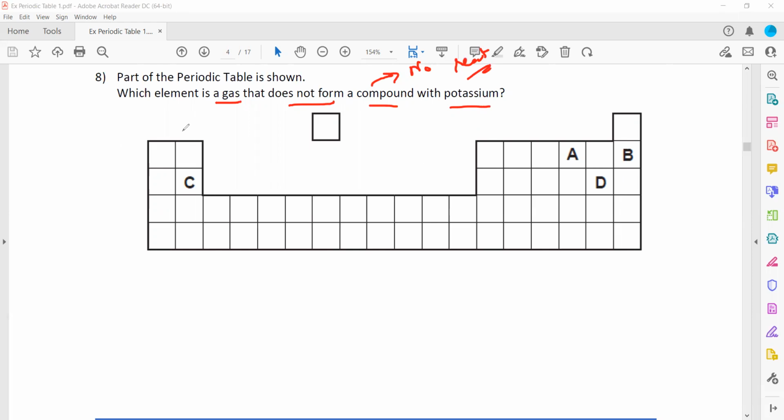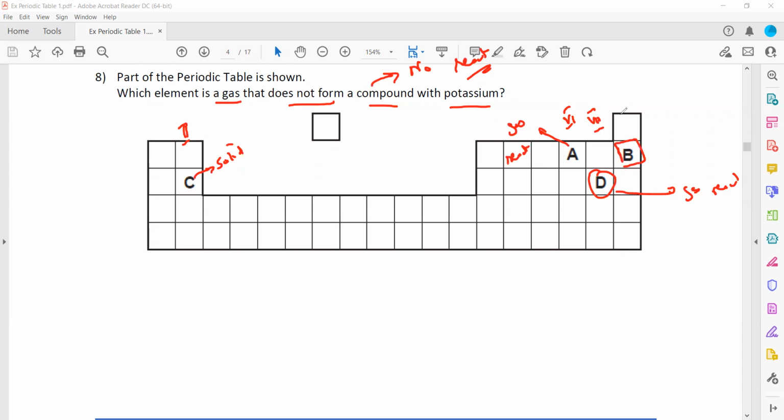So first thing, A is group 2, C is group 2, and group 2 are all solids. It's not a gas. When we check, this is group 3, 4, 5, and this is group 6. So this group 6 will be a gas, a non-metal, but it will react. When we check D, D is group 7. This will also be a gas, but it will react because group 7 and group 6 are all reactive.